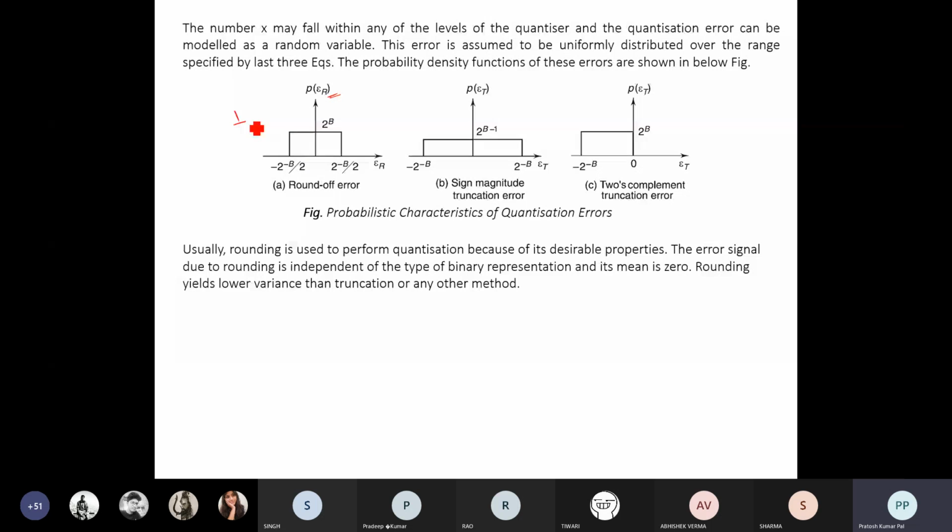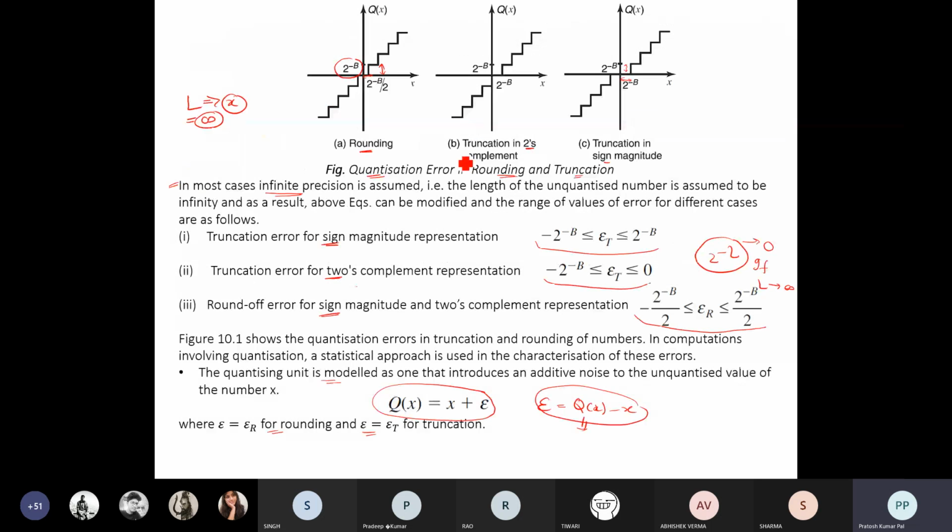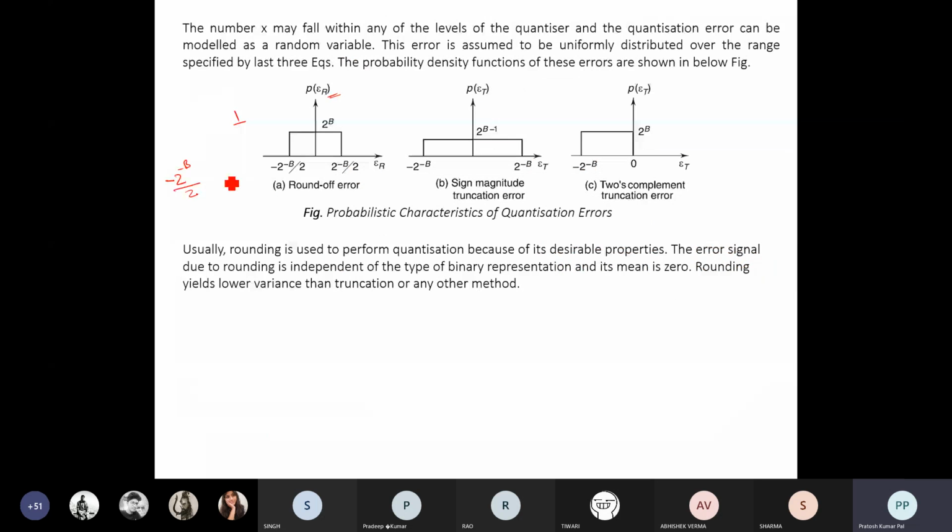The range of the rounding error is from minus 2 to the power minus b divided by 2, which is the minimum error, to the maximum value in case of rounding off, plus 2 to the power minus b divided by 2. So this is the range.